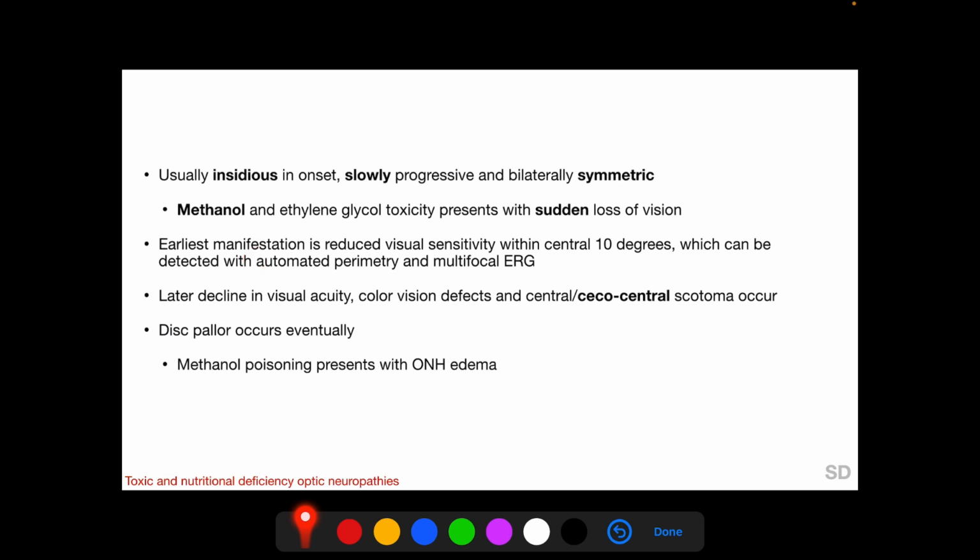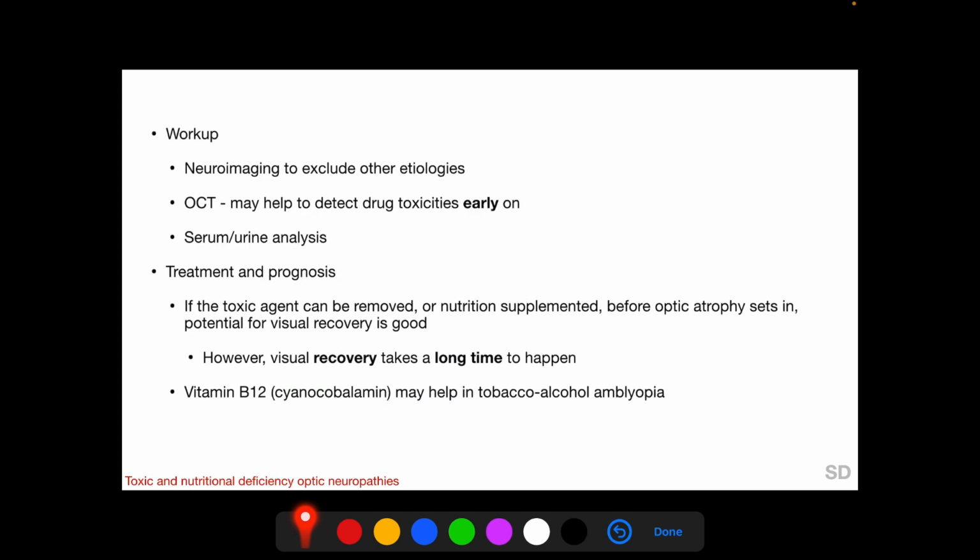The earliest manifestation is a reduced visual sensitivity within the central 10 degrees of the visual field, which can be detected with automated perimetry and multifocal ERG. Later, the visual acuity declines with color vision defects and central or cecocentral scotoma. Disc pallor occurs eventually. Methanol poisoning, however, may present with early ONH edema. So neuroimaging should be done to exclude other etiologies.